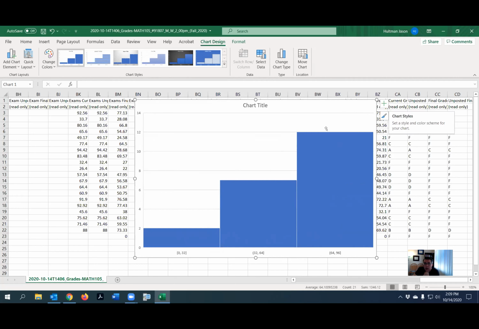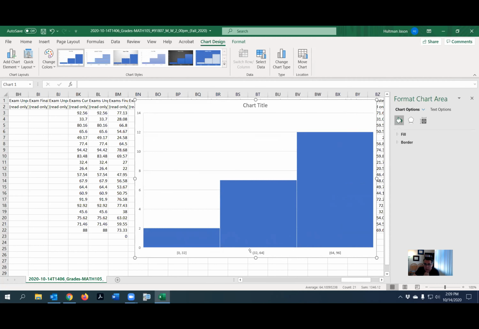So I'm gonna go down here to my axis. I'm gonna double click on my axis, and format axis. Here we go. Axis options. Horizontal axis. I don't want the text. I don't want to format the axis. I want to change my bin width.